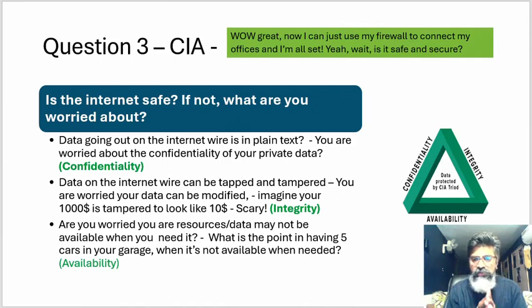Next, what is integrity and how do we link this practically? Data on the internet wire can be tapped and tampered. You're worried about that, makes sense, right? Imagine your $1,000 is tampered and looks like $10. Oh, scary. That means you need a way to identify if somebody has tampered with it and probably ignore that tampered data. That's integrity.